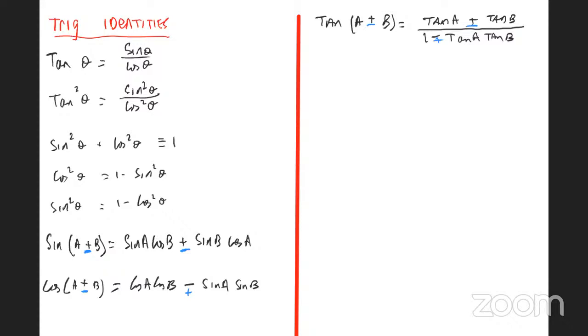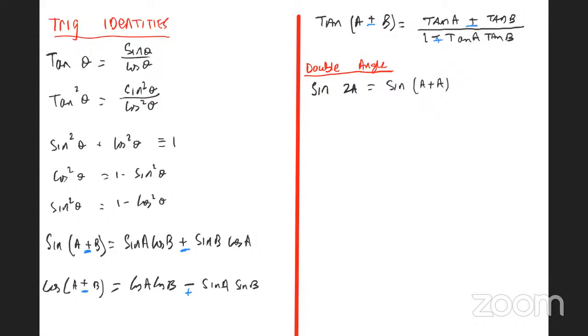Now we have the last set of rules called the double angle rules. So if I ask you to find sine 2A, I want to show you these in full. I want to show you how I got them. Sine 2A is simply saying sine A plus A, right?